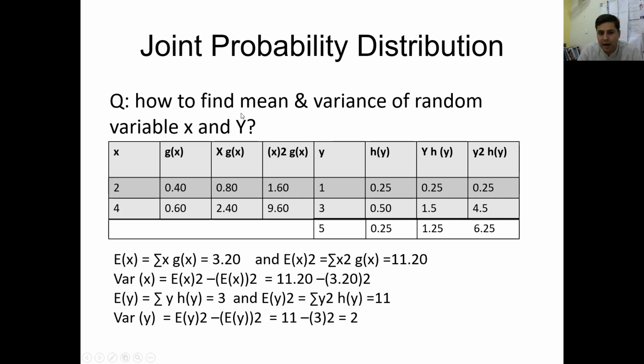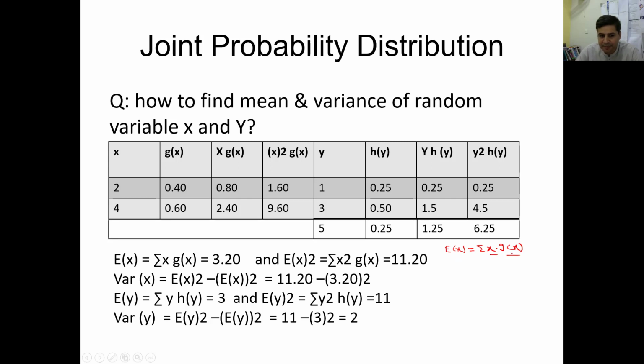Now they are asking how to find the mean and variance of a random variable. You people know how to calculate the mean of a random variable. Normally we write this as E(x), the summation of x into g(x).